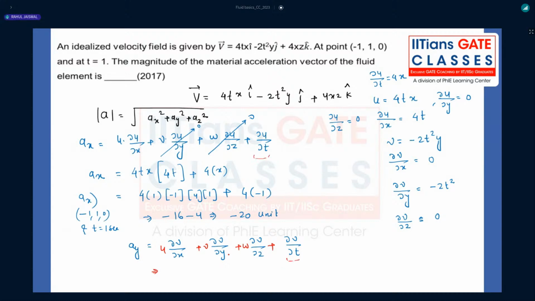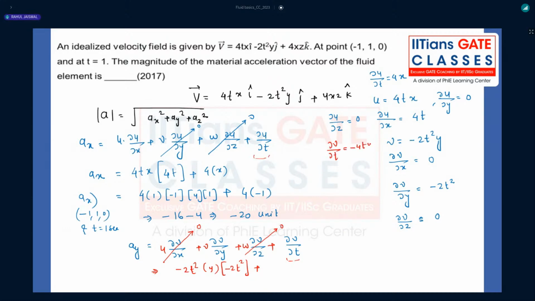So here what can we write? ∂v/∂x is what? 0. What about ∂v/∂y? Small v, we know that is minus 2t² into y, right? So ∂v/∂y is minus 2t². ∂v/∂z, once again 0. What about ∂v/∂t, my dear friend?